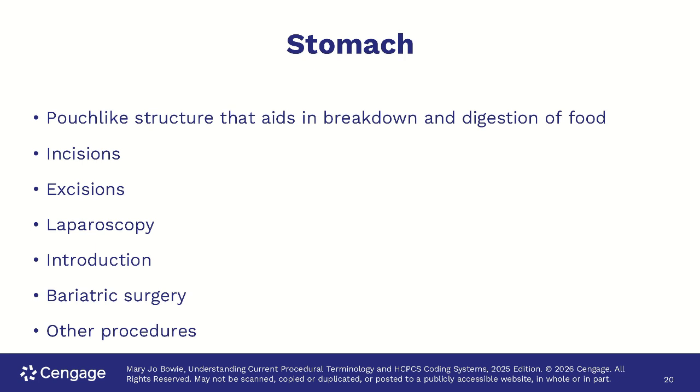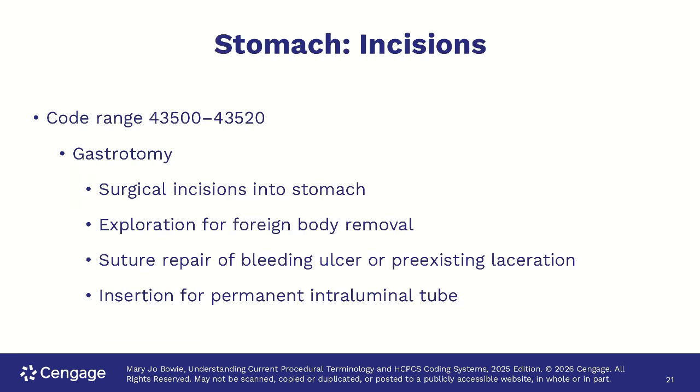All right, so the stomach is a pouch-like structure that aids in the breakdown and digestion of food. We have procedures on the stomach that are grouped by incision, excision, laparoscopy, introduction, bariatric surgery, and then other procedures.